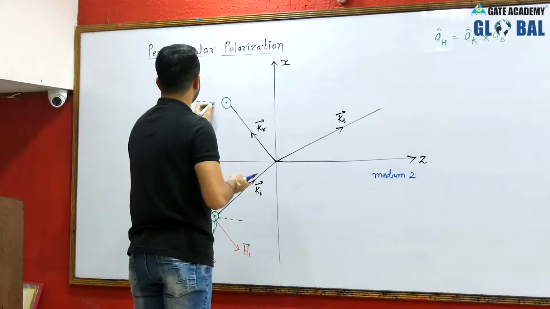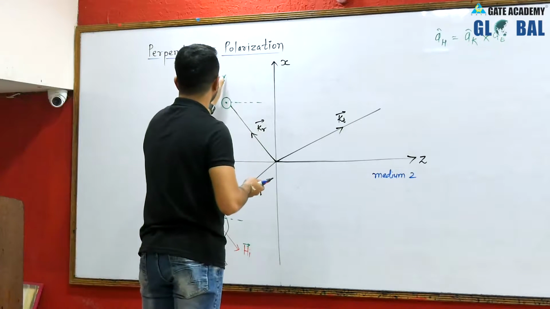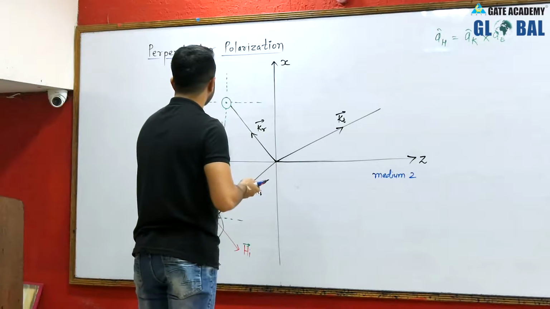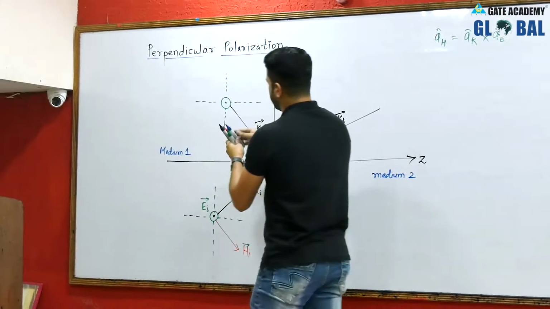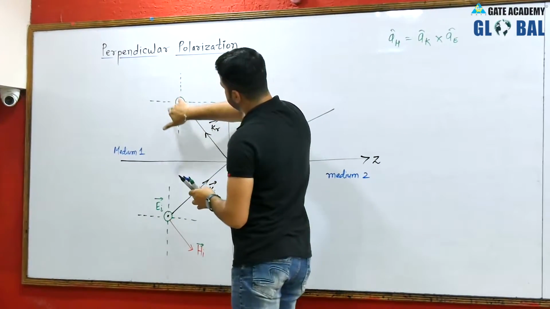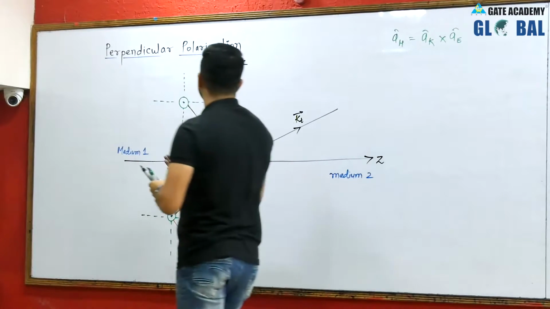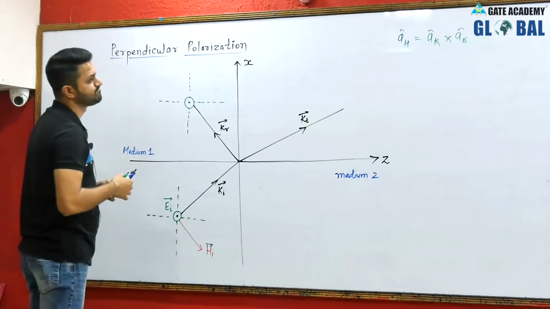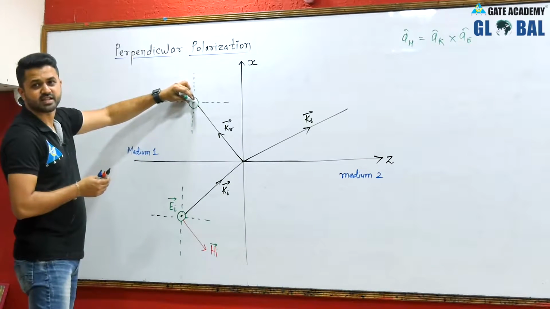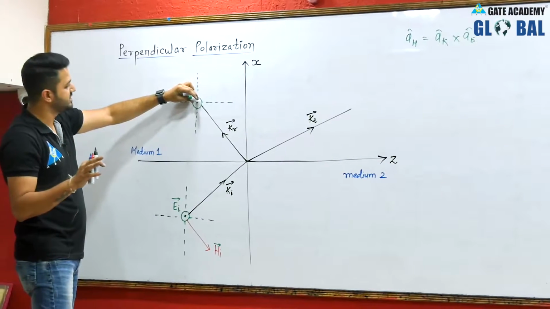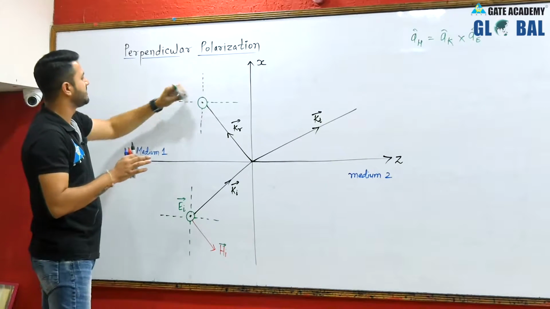Now, by default, we are assuming that the reflected electric field has the same direction as the incident wave. So if we assume this, then we have to make it in this direction. What should be the direction of the magnetic field? We have to take the cross product from the direction of propagation to the electric field.